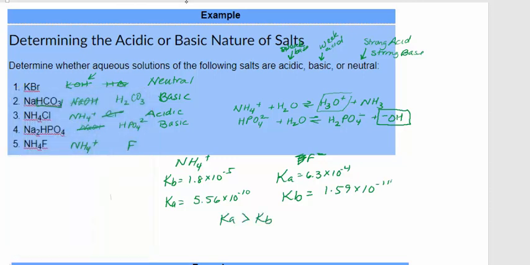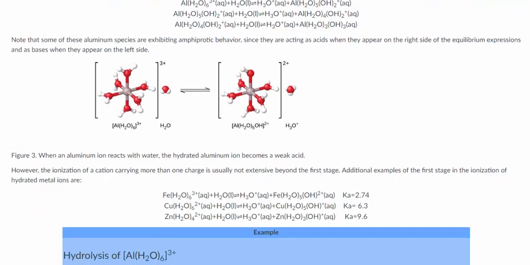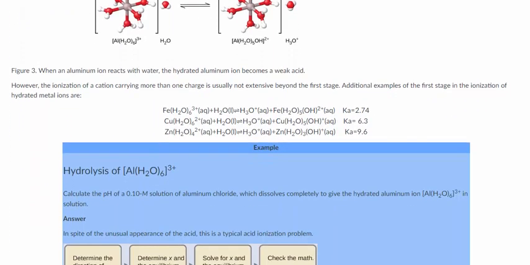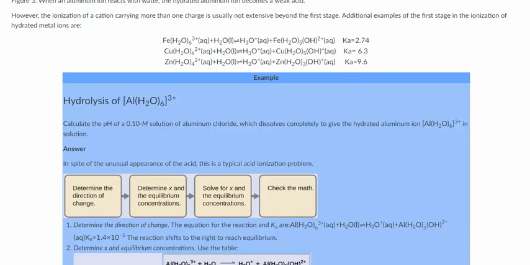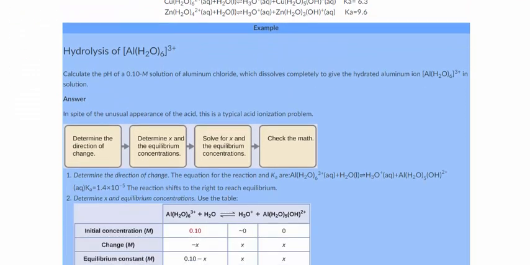Hydrated metal ions can also act as weak acids when they are in solution. So we have this hydrated aluminum ion, which is relatively common. And rather than go into all of the inorganic chemistry of that, I want to focus on the acid part. So if we're going to calculate this pH, we're going to have this hydrated system.